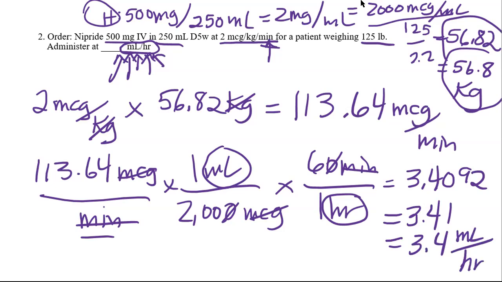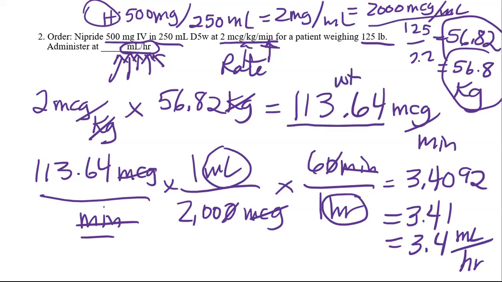And so to recap on this one, we started out with the rate. Okay, this is the rate right here. We started out with the rate, and we multiplied it by the weight of the patient in kilograms, which we figured out here to be 56.82 or 56.8. And we got 113. This is the weight of the patient.